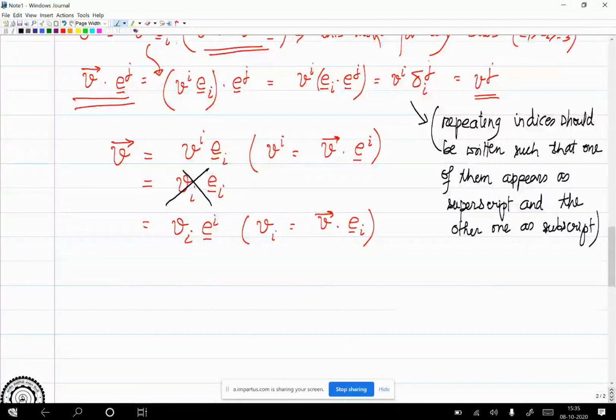See, with an orthonormal basis, this does not matter. Everything becomes a subscript with an orthonormal basis. But when you don't have an orthonormal basis, then you have to do it this way.